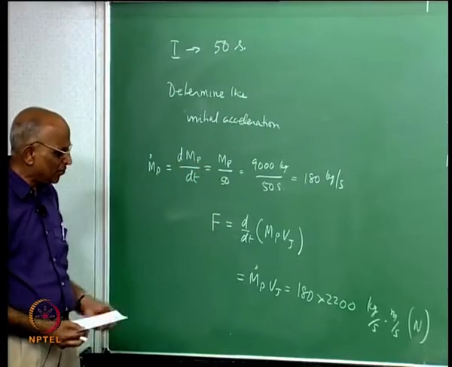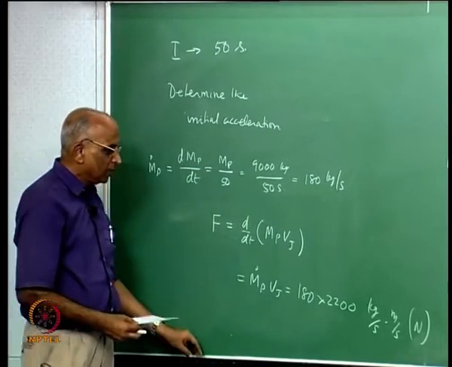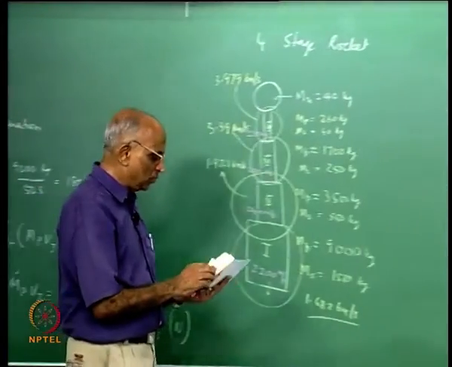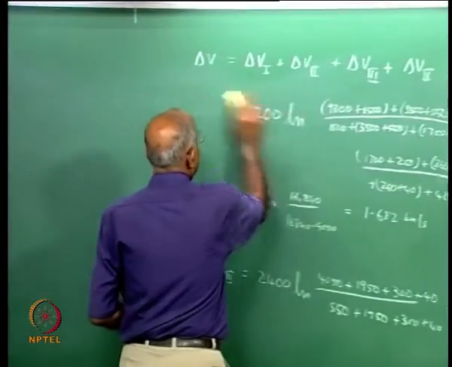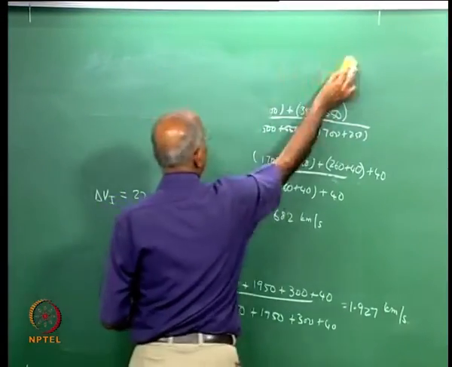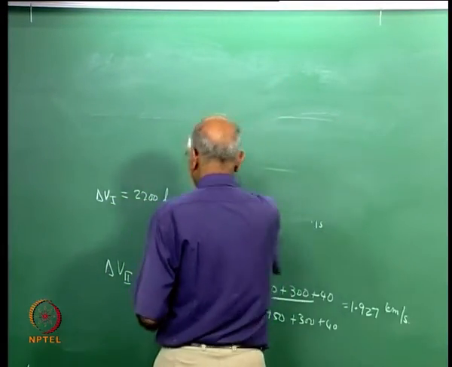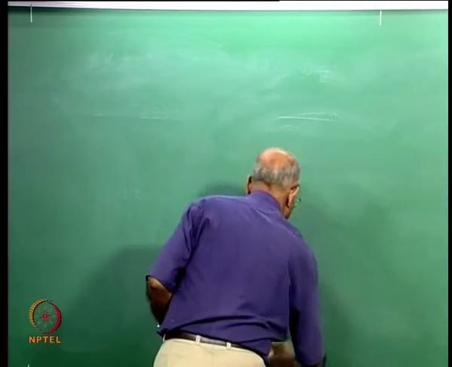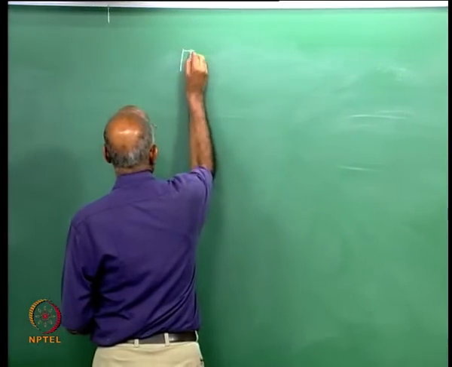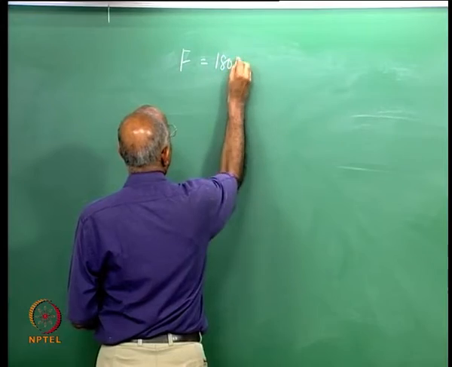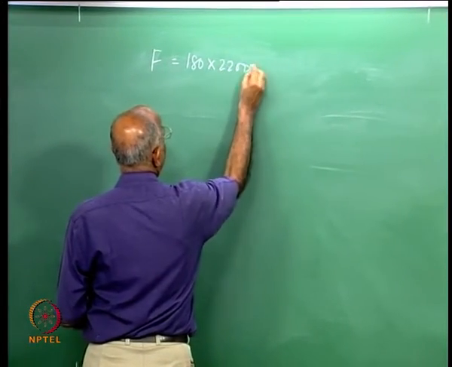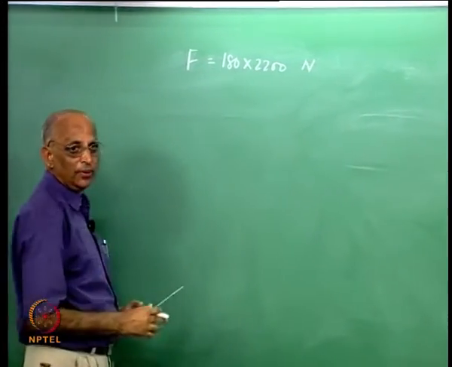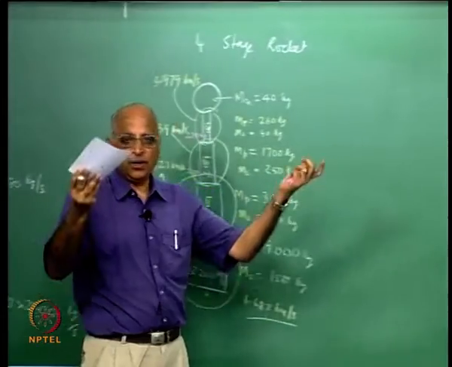Maybe we will illustrate it a little more. What have we told so far? We told ourselves that the force which the rocket develops, or the thrust, is equal to 180 into 2200 newtons. Therefore, what is the acceleration at takeoff?